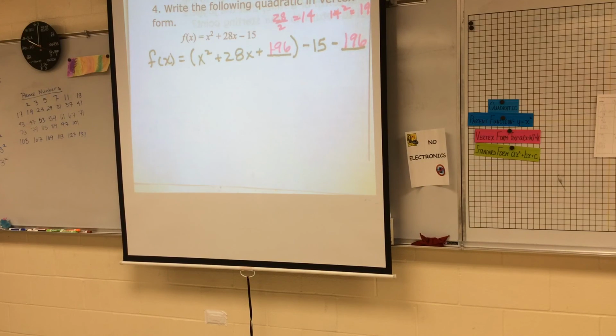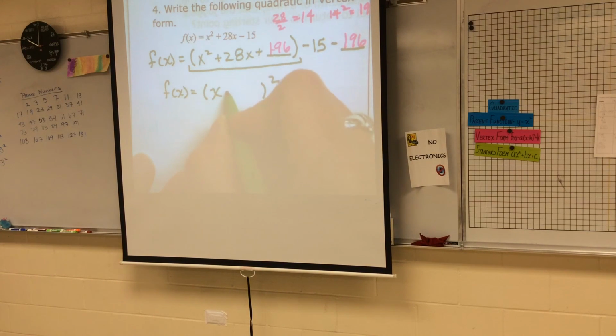All right. So now I can say f of x equals, well, if this is a perfect square trinomial, I can rewrite this first part as a square, like we were doing in number 1 and 2, right? I'm going to have x, will it be x plus or x minus?